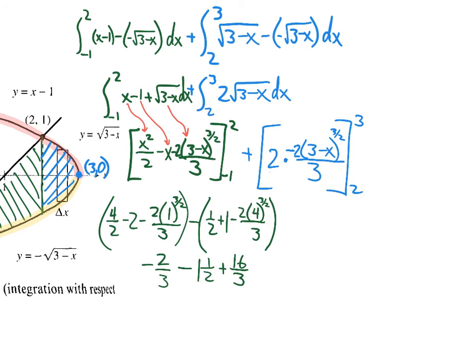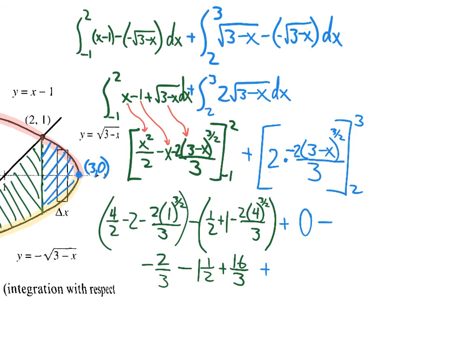I'm a little confused about taking the integral of the 2 times root 3 minus x. Let's finish evaluating, we'll come back to that in a sec. So now if I'm doing from 3 to 2, if I plug in a 3, this whole thing equals 0, because I have 3 minus 3 is 0.